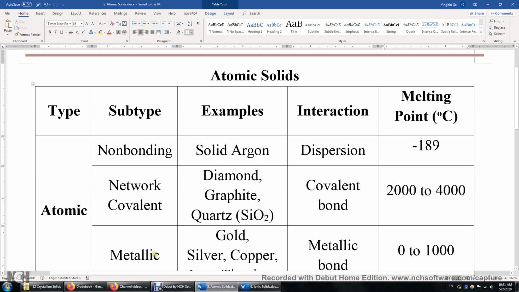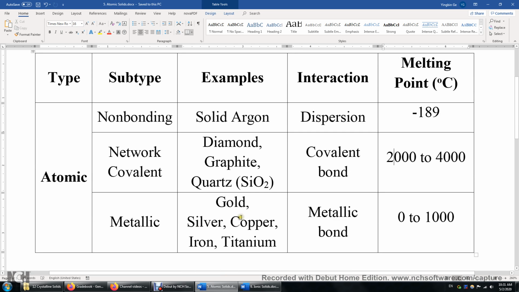The last type, metallic, is just metals: gold, silver, copper, iron, titanium. The bond between those metallic atoms is called a metallic bond. A metallic bond is weaker than a covalent bond, and that's why the melting point of metals is usually lower than the melting point of those network covalent solids. So look at the range here. Also, metals are typically softer than those network covalent solids.